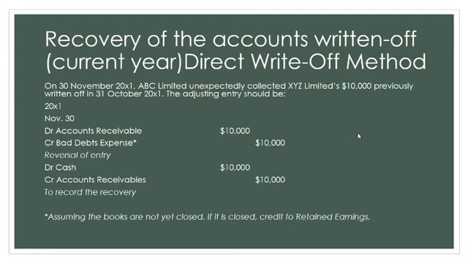So the adjusting entry should be debit accounts receivable and then credit bad debts expense. If the books are not yet closed, you can credit back that previously used account, but if it is already closed, you use the retained earnings. As you can see in this entry, we just reversed the previously recorded write-off.